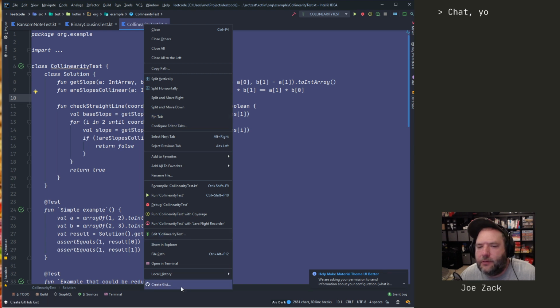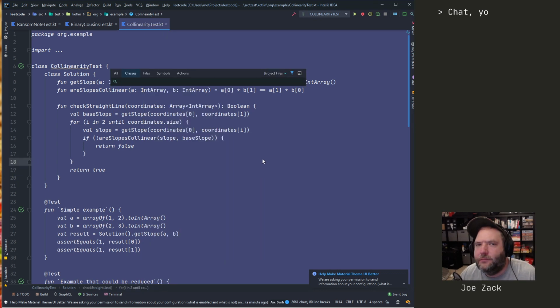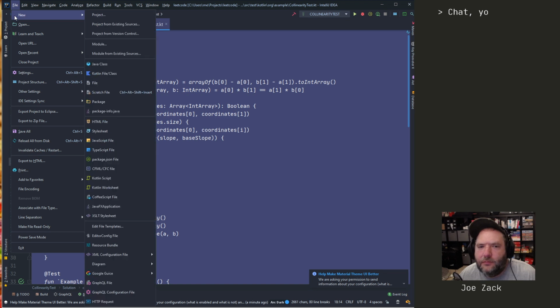I still don't quite know how to use IntelliJ. Like, how do you do a new file? I kind of wanted to copy a file. Control N. No. File new. There's no shortcut for new file.